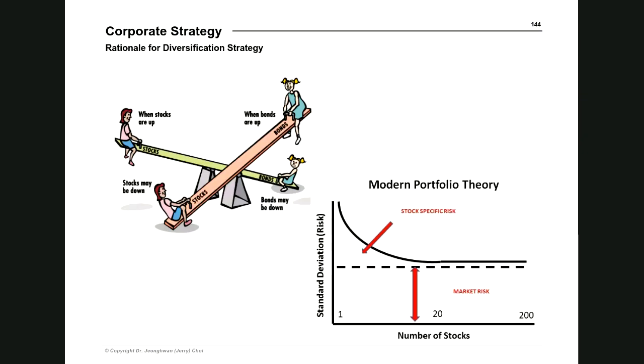Maybe you also learned that if the stock price is going up, the bond price is going down, and if the bond price is going up, the stock price is going down, so you must combine these two in order to minimize the risk and normalize sustainable profit.